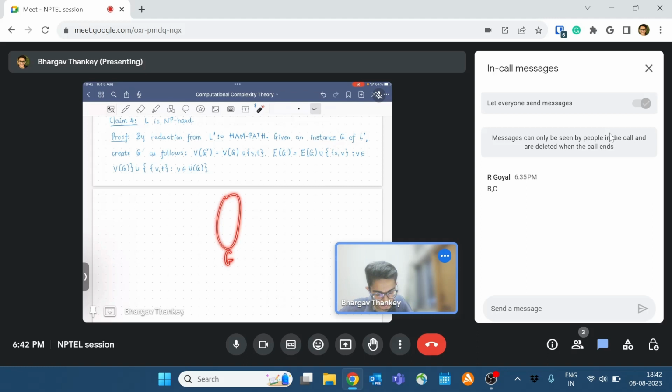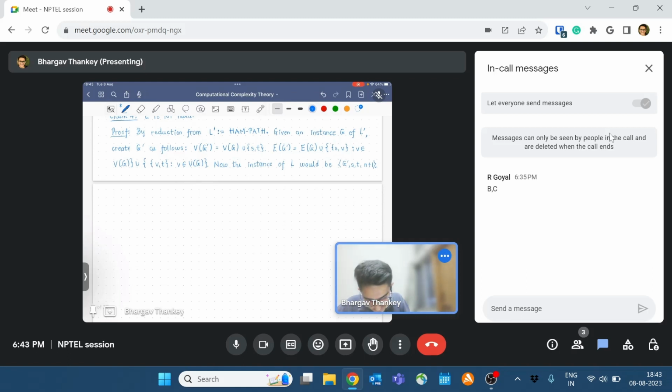Let's say this is G. We're adding two new vertices and connecting them with every vertex in G. If a Hamiltonian path exists, then clearly that would be the longest path, along with two extra edges from S to the first vertex and from the last vertex to T. That path would have length n plus 1, so we'll set K to n plus 1. So the instance of L would be G prime, S, T, and n plus 1.